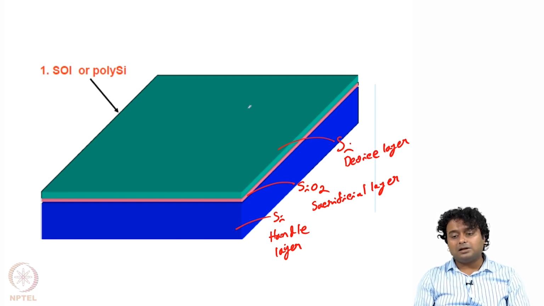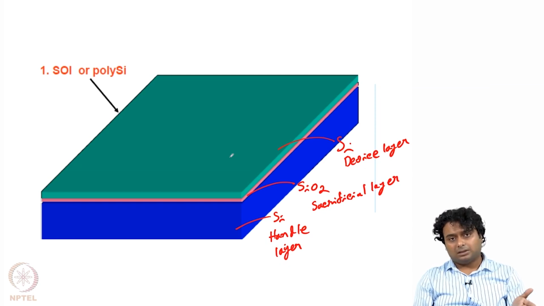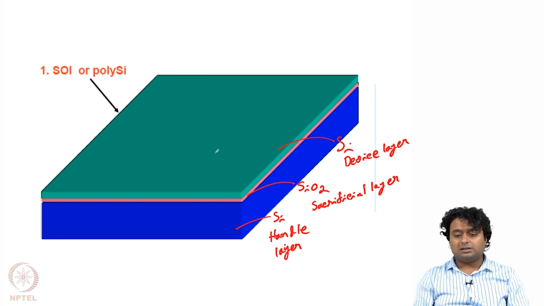Then the top silicon is etched till this point so that it becomes thinner and becomes the device layer. In that case, that silicon is single crystal silicon, because if we are using a silicon wafer cut from a silicon ingot or single crystal silicon piece, then this silicon will be single crystal silicon.